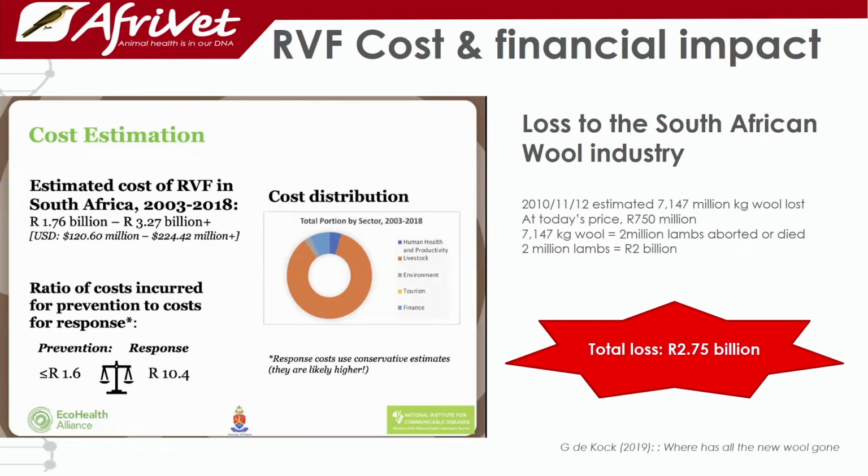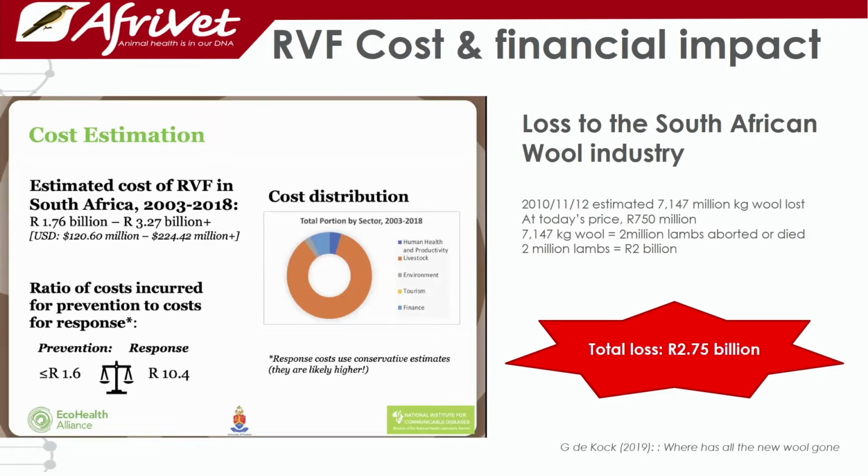If you prevent the disease, you're talking of less than 1.6, I think it was million or billion, I don't know. But just look at the ratio between the response and prevention, it's quite a big difference. If you can work on preventing, it will cost much less.